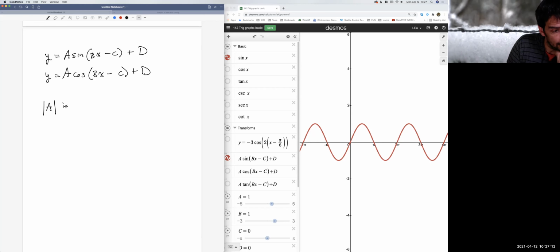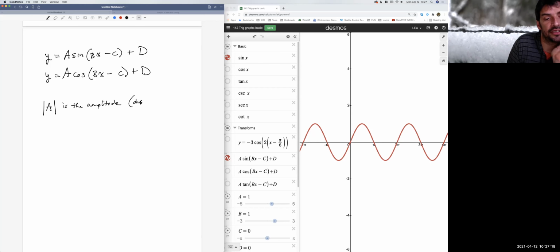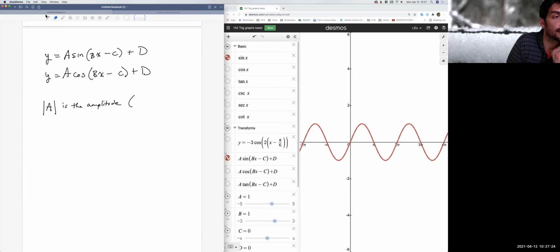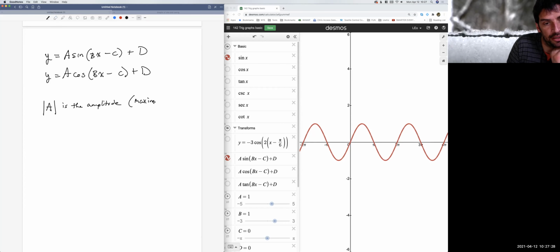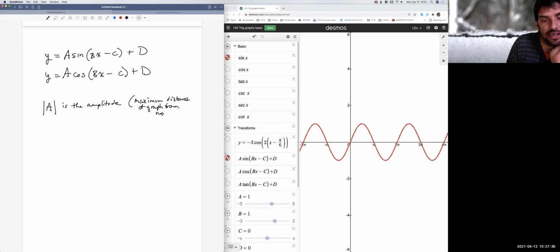A is the amplitude, which is the maximum distance of the graph from the midline, right?